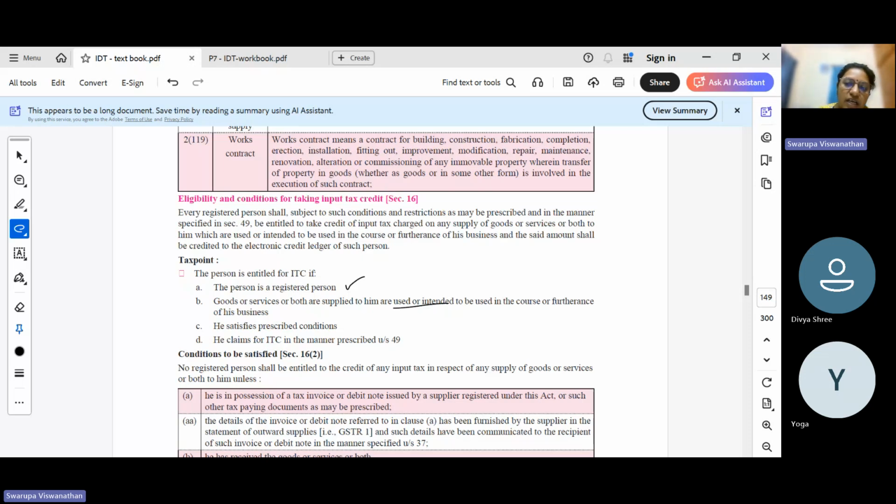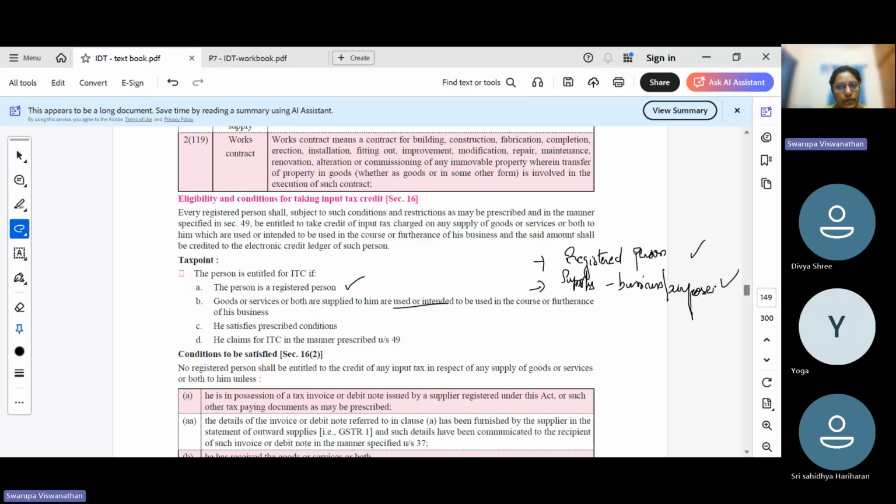So two conditions: registered person, so an unregistered person cannot take ITC; and only a registered person for the inward supply received in the course or in furtherance of business. First these two conditions have to be satisfied. Once they are satisfied, the person is eligible to take ITC.